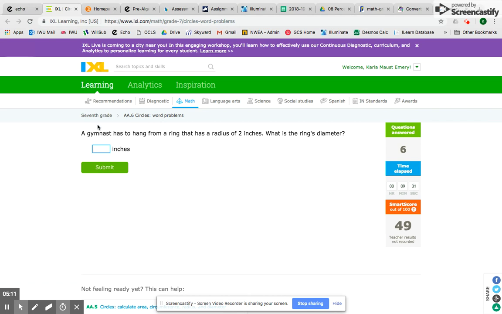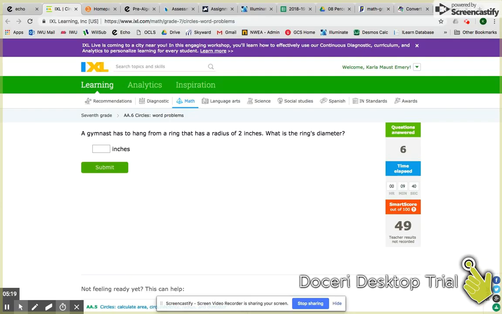Okay, so this one's a little difficult. It says a gymnast has to hang from a ring that has a radius of 2 inches. What's the ring's diameter? This one doesn't actually give us the circumference or the area. No formula is needed. But what do we know about a circle? Is that if it goes all the way across, it's the diameter. And if it goes halfway across, it's the radius.